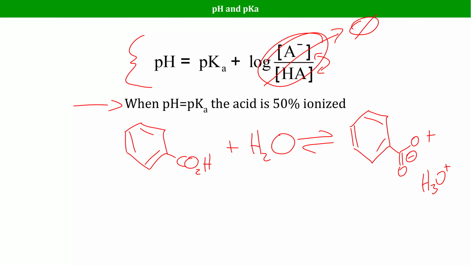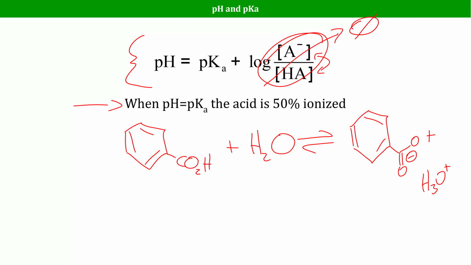So if 50% of the acid is protonated, that means 50% of the acid will be soluble in water at that point, right? So basically this gives us a way to estimate whether we want to make the solution acidic or alkaline in order to increase solubility.